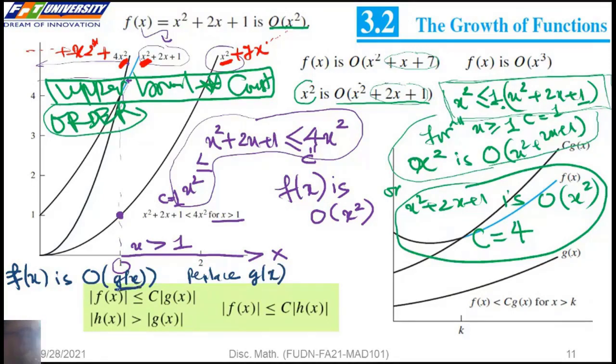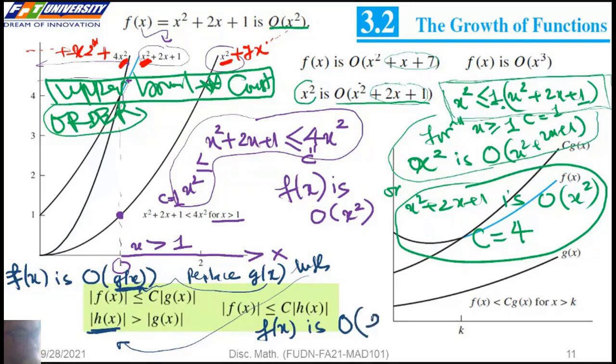We are saying f of n is big O of g of n. We can replace the function g of n with the function h of n, such that h of n is greater than g of n. And so we can say f of n is big O of h of n. For example, n squared is big O of n cubed, because n squared is less than n to the power of 3.